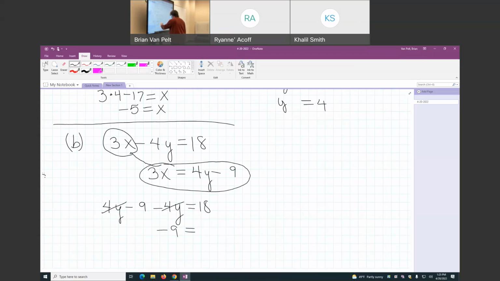You might as well stop there. What does this tell you? Does -9 equal 18? First of all, no, this is a completely false statement. So when you get to these, what are you supposed to say about the problem itself? No, that's right, no solution.